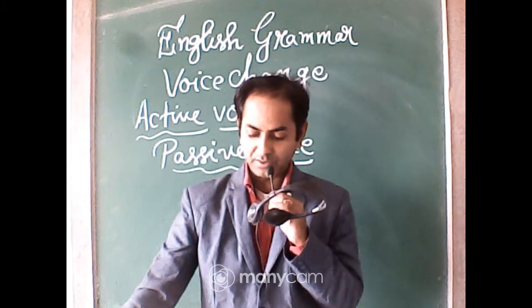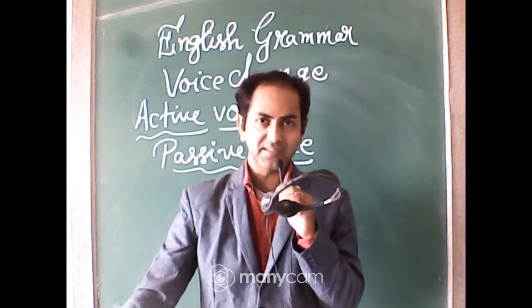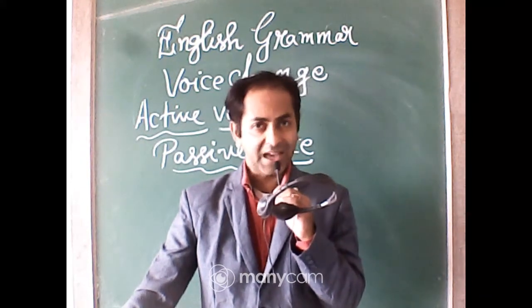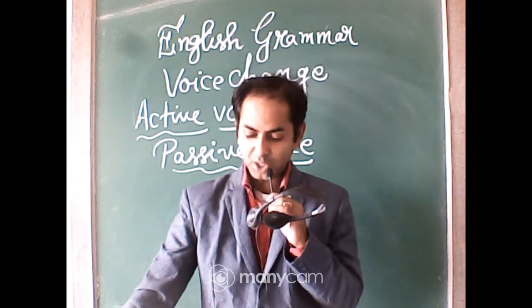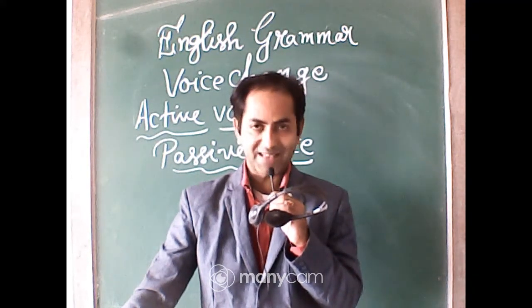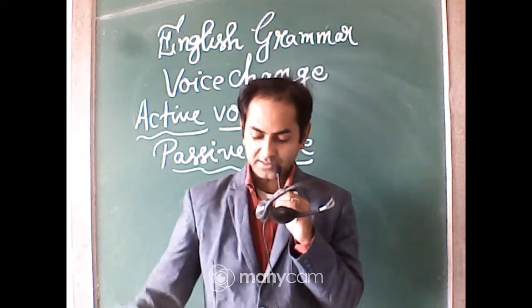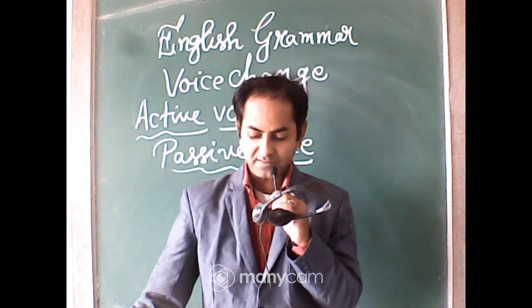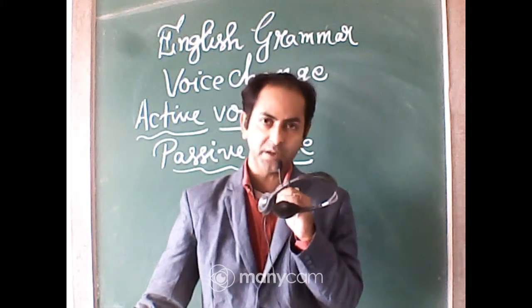Here the action rather than the doer is emphasized. Not the doer is important, rather the action is important. When the subject is not the doer of an action, but something is done to it, the sentence is said to be in the passive voice. Note, underline this one: only sentences with transitive verbs, verbs with an object, can be changed into passive voice.